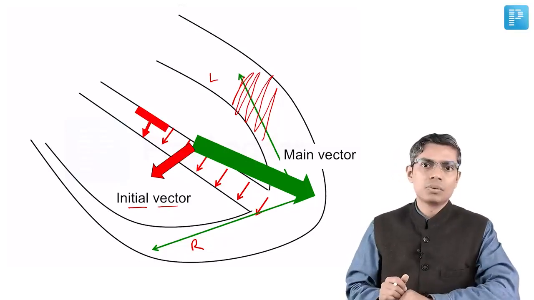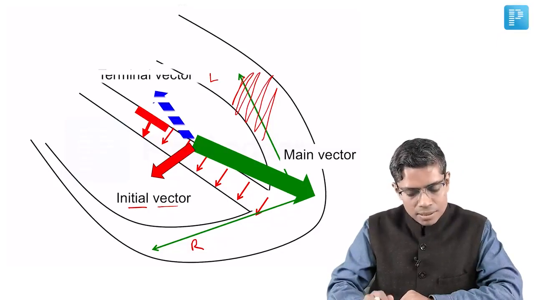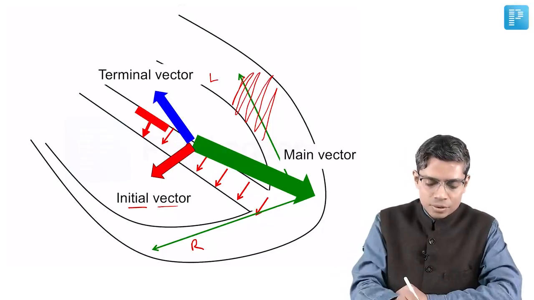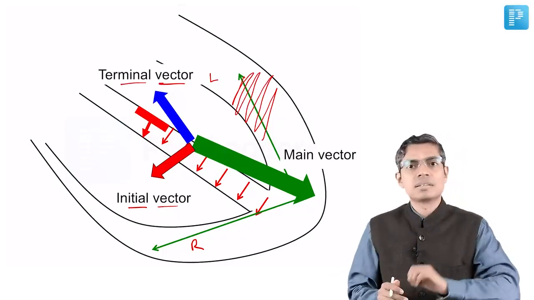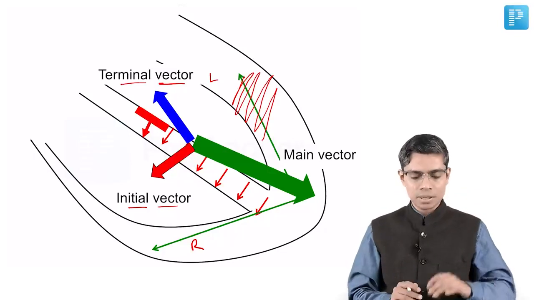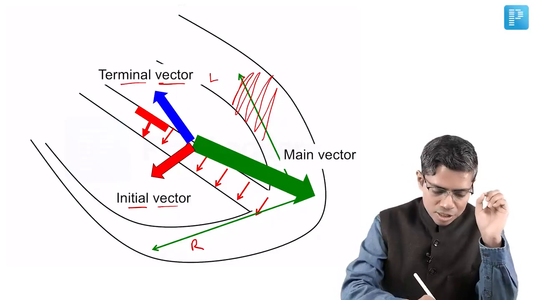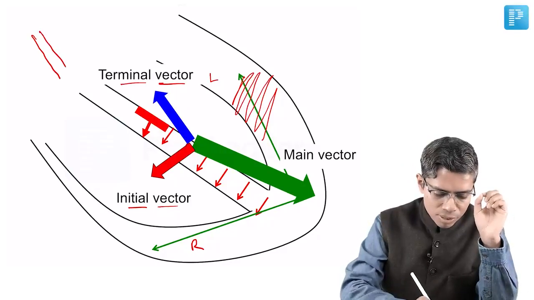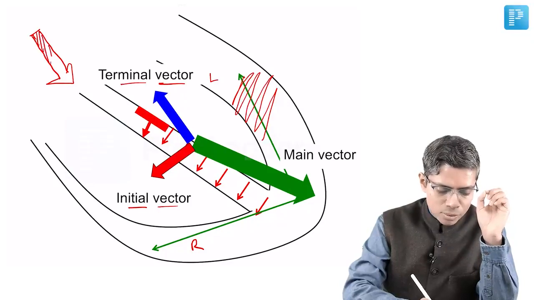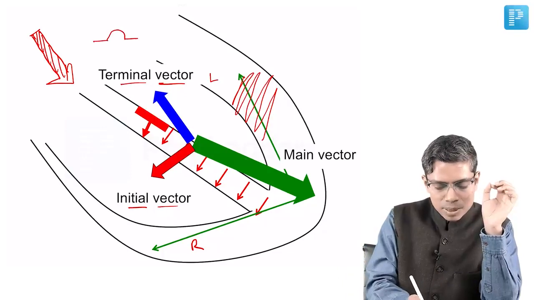And then we know that the base of the heart is going to be depolarized. For the depolarization of the base of the heart, the vector which is created is known as the terminal vector. Getting my point? So to summarize, for atrial depolarization we have seen only one instantaneous mean vector, which was coming from the SA node towards the AV node, and this vector gave us the generation of the P wave.